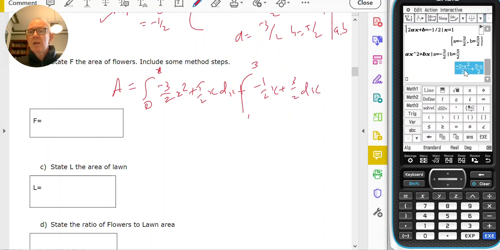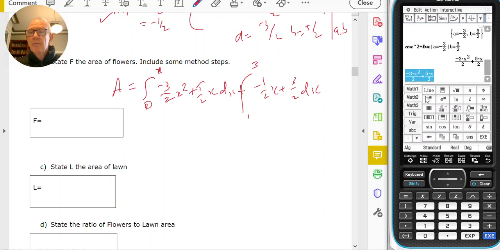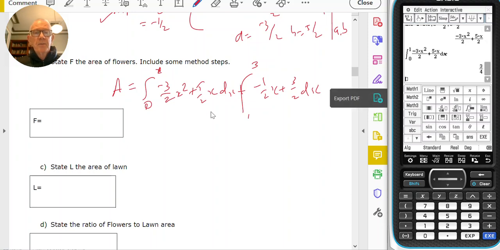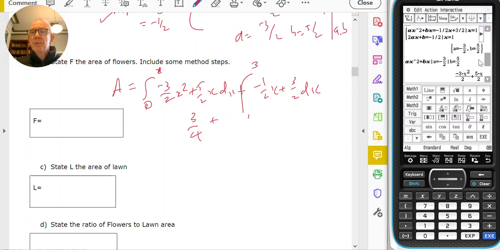Now I'll just do it on the calculator, bring that down. I'm going to have Math 2 integral from 0 to 1 dx. That gives me 3/4. And the second bit, if I got the parabola, there is the equation there. Save me typing it again.